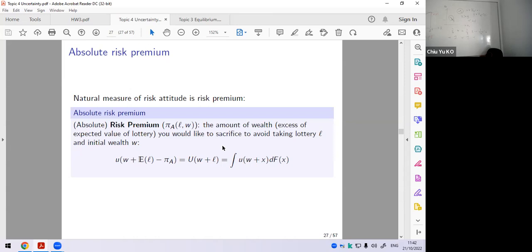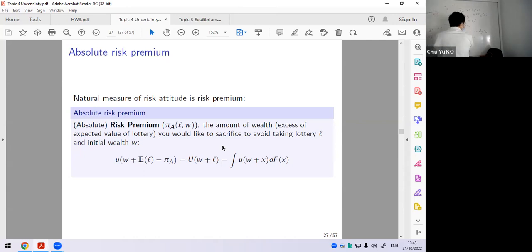There's no uncertainty here. Just like the wealth plus expected value minus this one. Why minus? Because you want to pay some money to be safe, right?